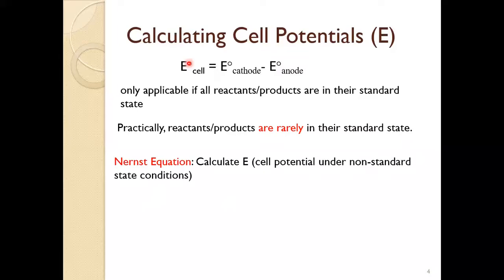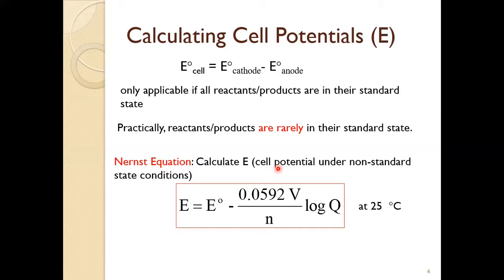Like we saw with delta G in the previous chapter, you can relate delta G under non-standard conditions to delta G under standard conditions. Likewise, we can relate E, the cell potential under non-standard conditions, to E with a degree sign, the cell potential under standard conditions.